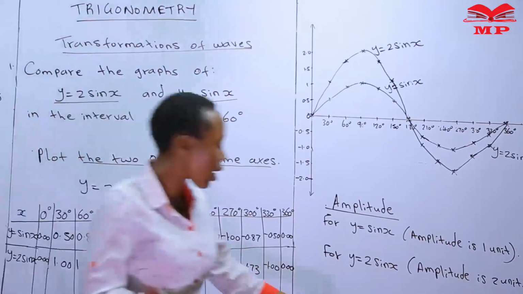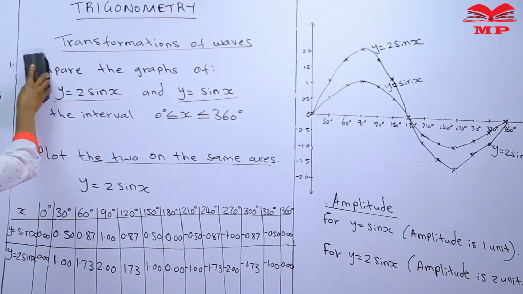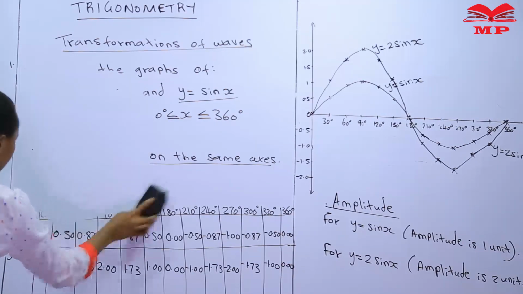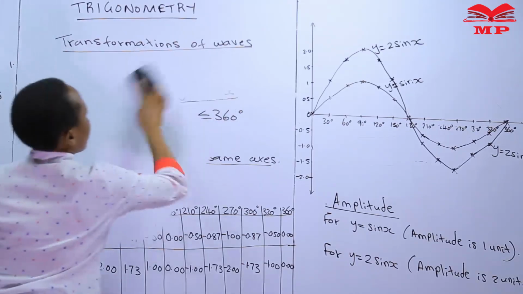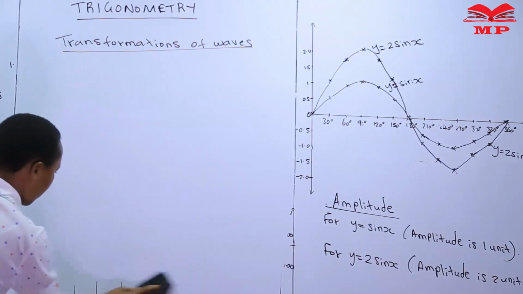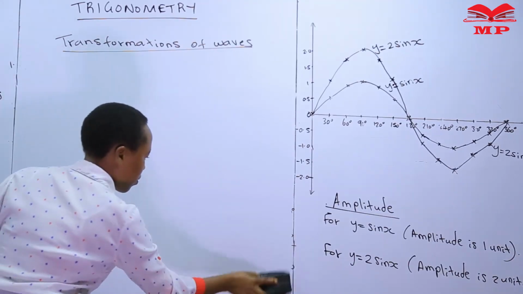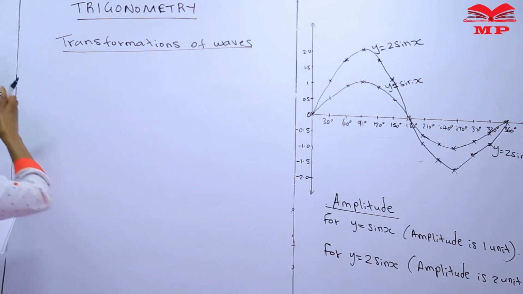So let us do another example, again on transformations of waves. So we see how we can obtain one wave from the other. In this one, we've been given the following.